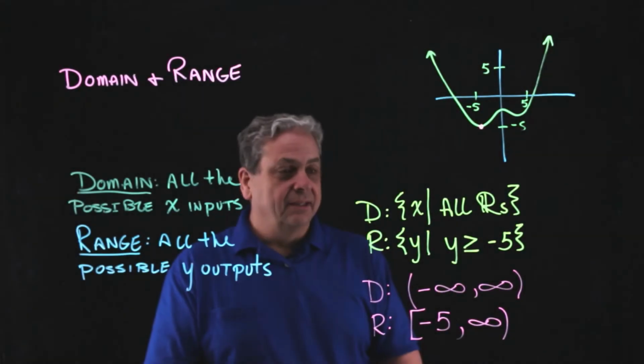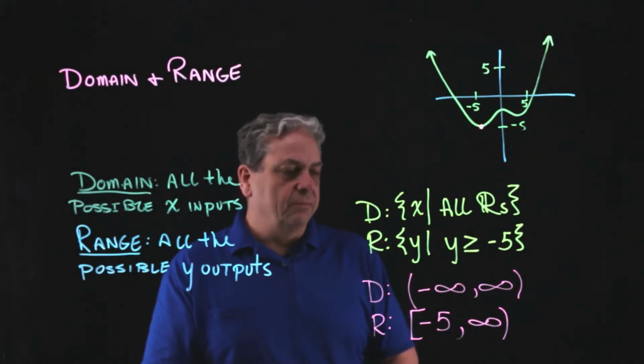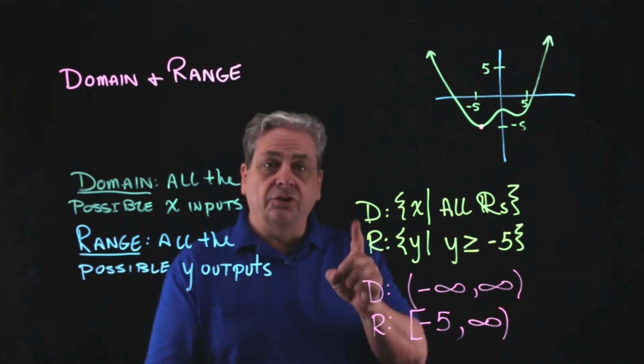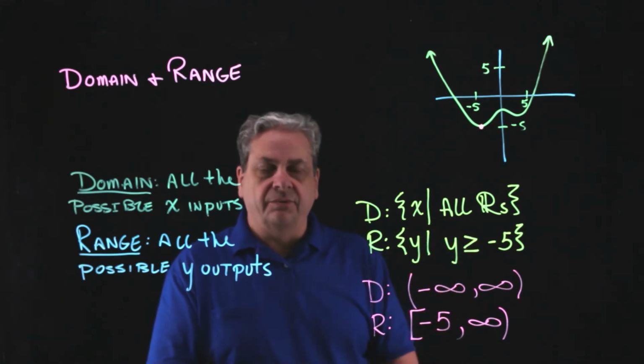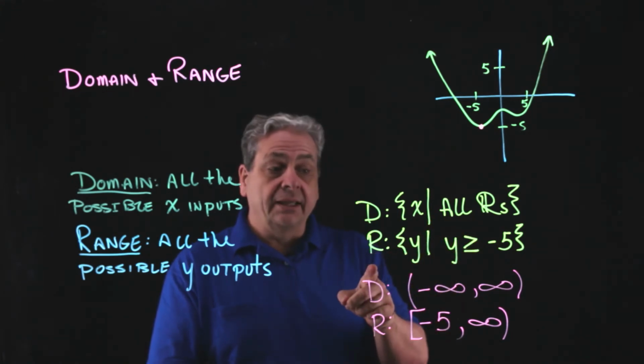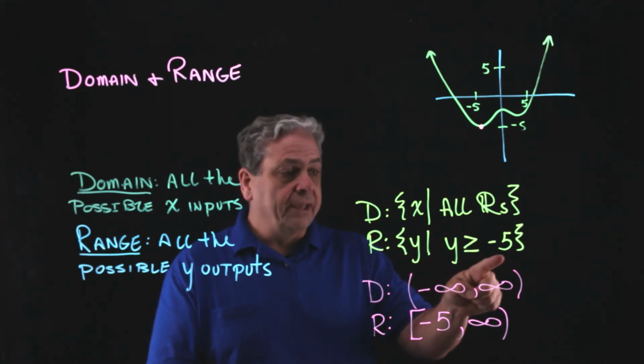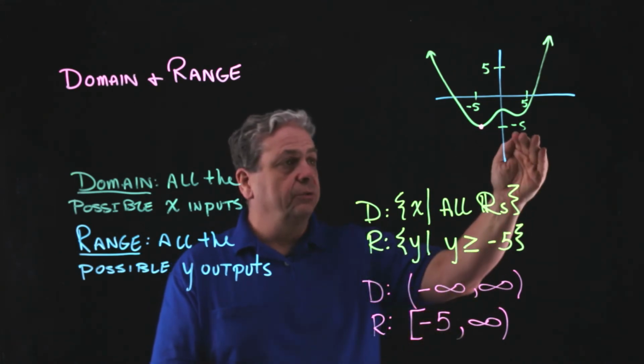All right, welcome back. So we have the domain and range written in two different notation styles. So yours should be very close to this. The domain written in set builder notation is x is such that it's a member of all the reals. And the range is such that y is greater than or equal to -5.